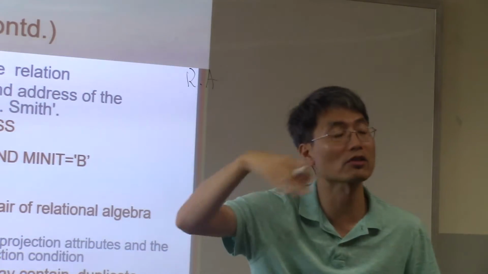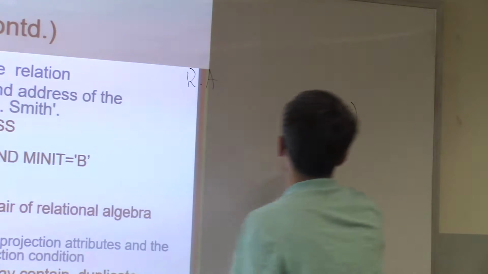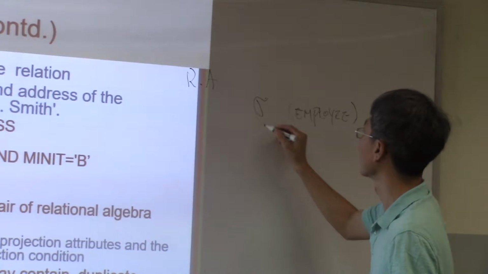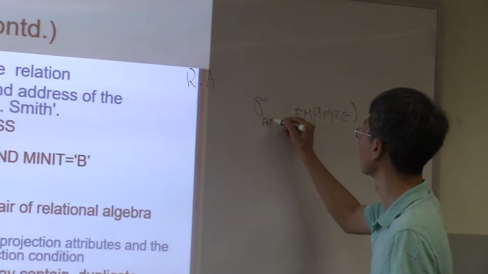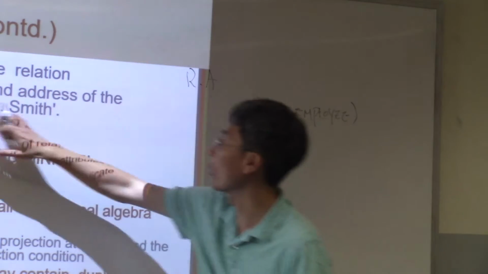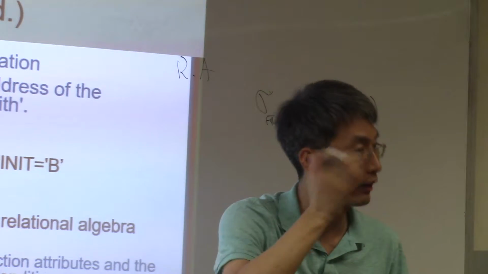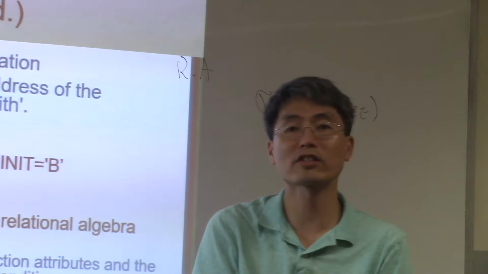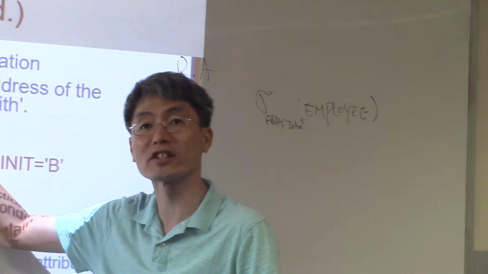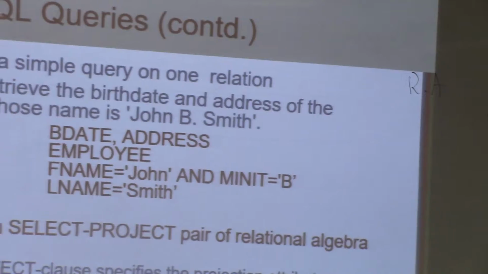What kind of condition? A select condition. And then we are going to retrieve birth date and address, which means we select the first name John. This is the only case-sensitive data in relational algebra and SQL. There's nothing case sensitive except the data itself. That is the reason a single quote, or sometimes double quotation, is used.